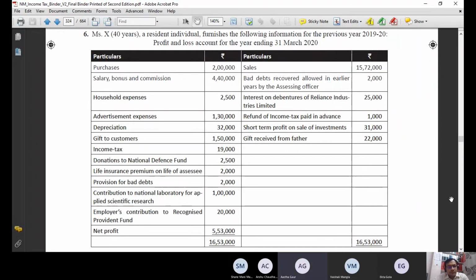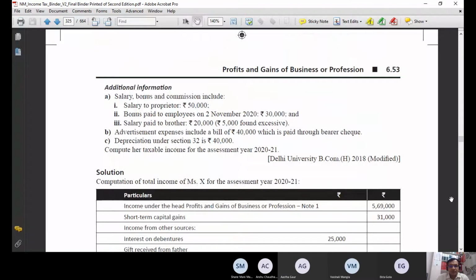Taken, sir. Okay. Now the next page of the same question. It is your 2018 examination question. So take this additional information. Above the solution, till this point, please take a screenshot of this. Done, sir. Okay. Now let me discuss this case.